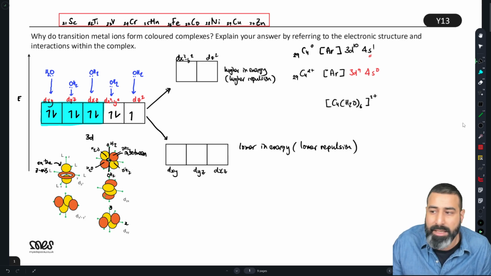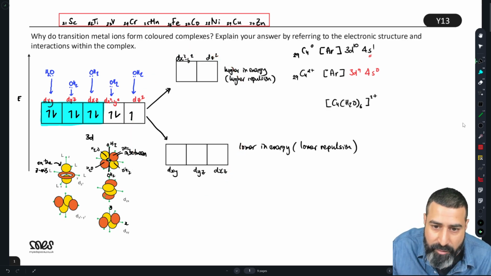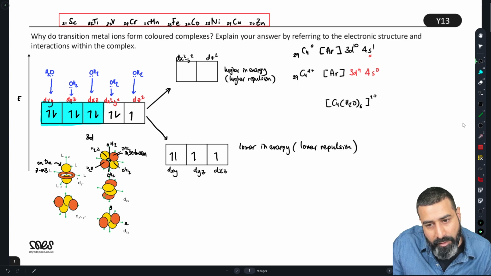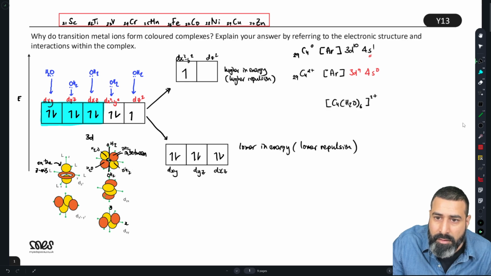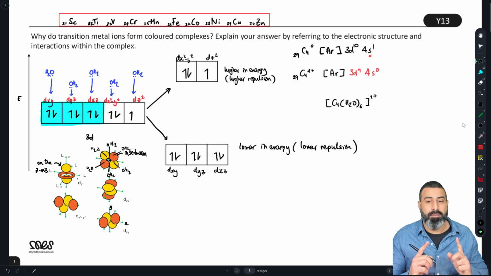So let's populate these orbitals with the electrons from the transition metal center. So we've got 9 to put in. We're going to start by populating the lower energy orbitals first. So 1, 2, 3, 4, 5, 6, 7, 8, 9. Okay.